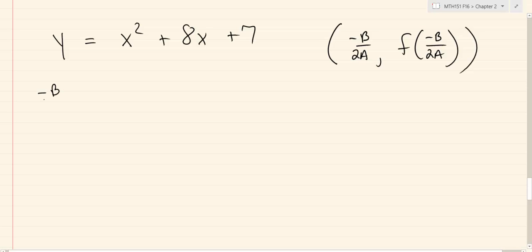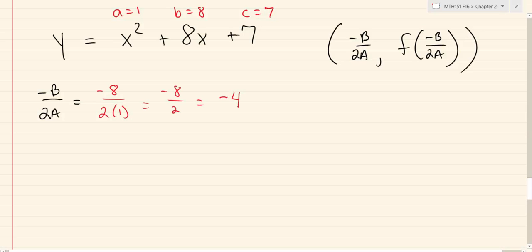The opposite of b over 2a is equal to, and remember, a equals 1, b equals 8, c equals 7. We're just reading that off of the equation. So the opposite of b is going to be negative 8 divided by 2 times 1, and that answer is negative 4.